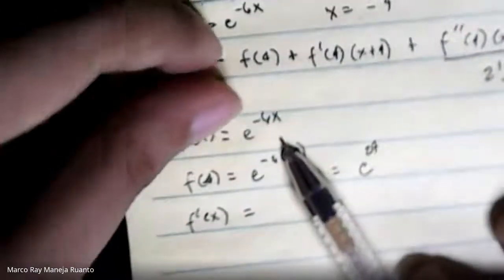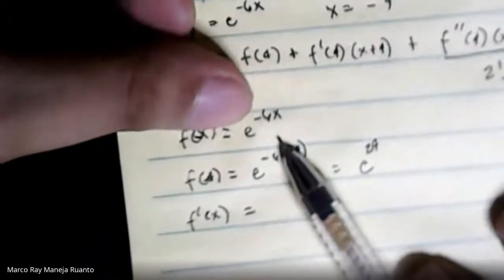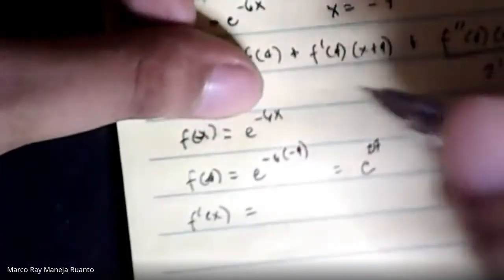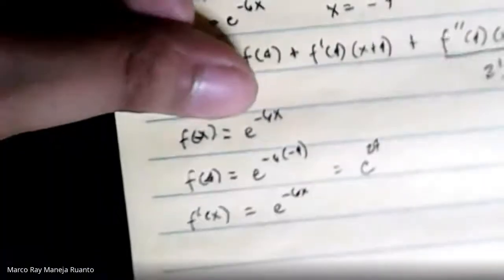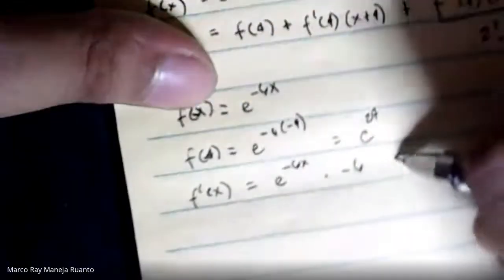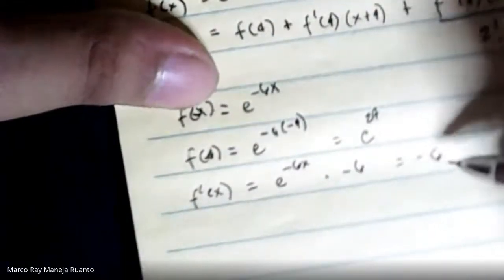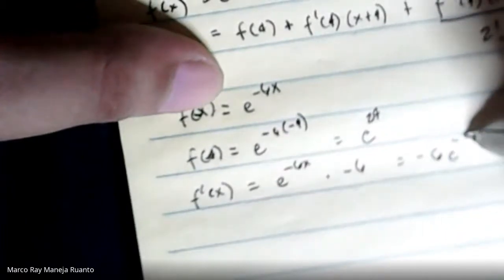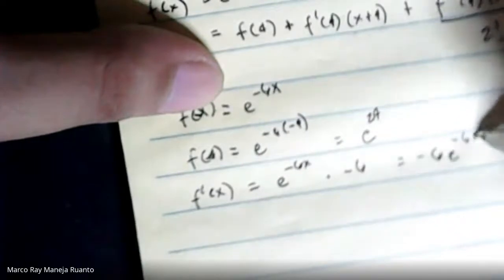Then f prime of x is equal to the first derivative. So what is the first derivative? This is e to the minus 6x times negative 6, so this is equivalent to negative 6 e to the minus 6x.